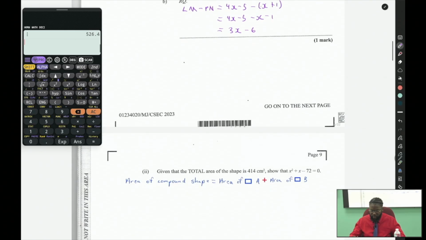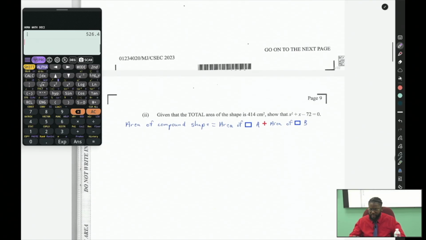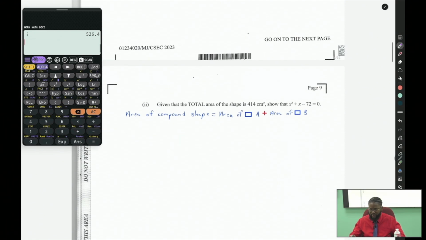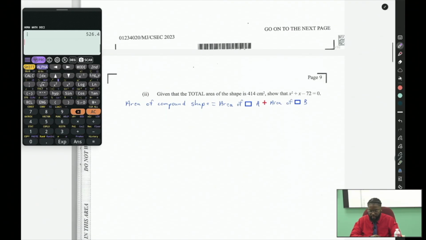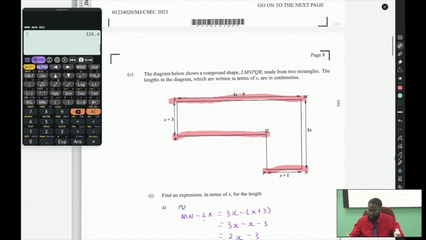So given the total area of the shape is 414 centimeters square, show that x squared plus x minus 72 is equal to 0. So here we have a little guide. Area of compound shape is equal to area of rectangle A plus the area of rectangle B. Looking at our compound shape, we could cut the shape into 2 rectangles.